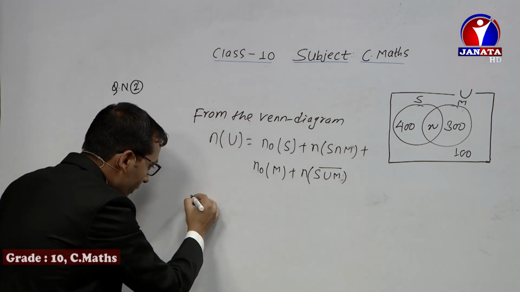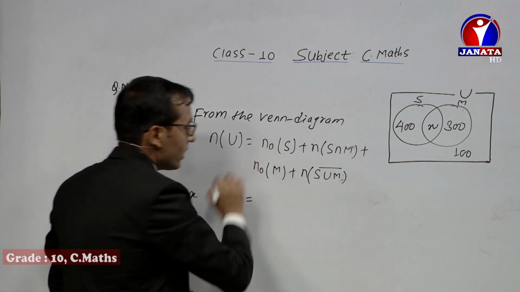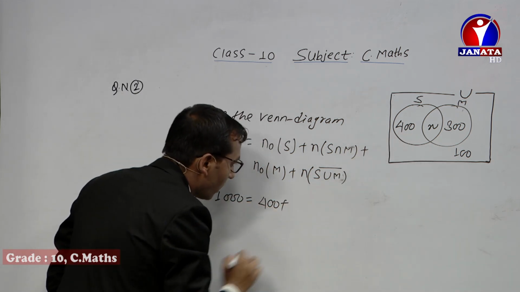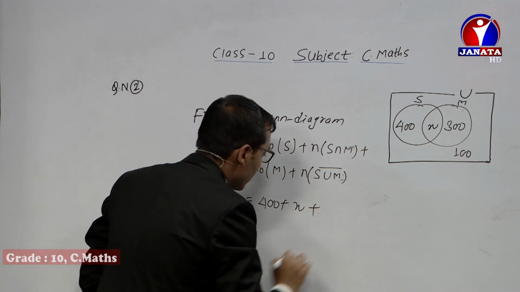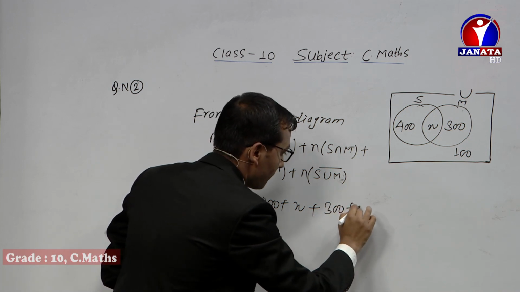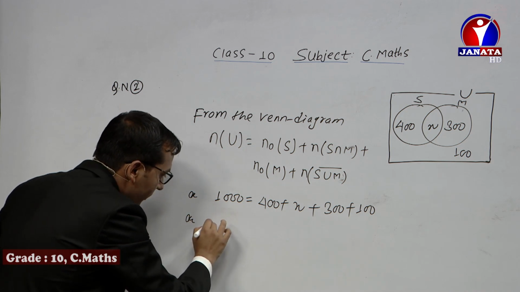So n of U we have 1,000. What is n only S? 400 plus the intersection X, that is to be calculated. What is n only M? 300 plus the complement is 100. Okay, so let's simplify this.